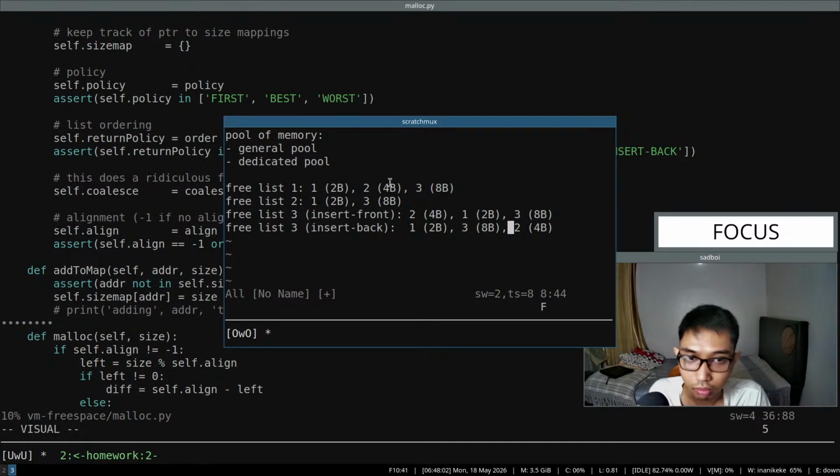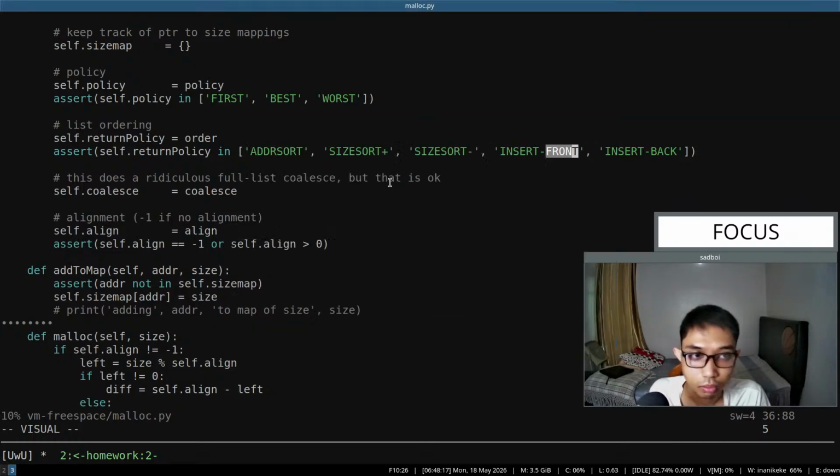Okay, maybe we will have something like this. We insert the memory in the back of the list. Maybe something like that. And then size sort. Again, I'm assuming negative in here means ascending.